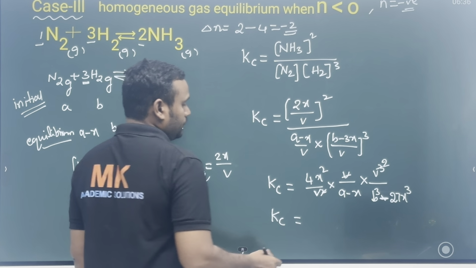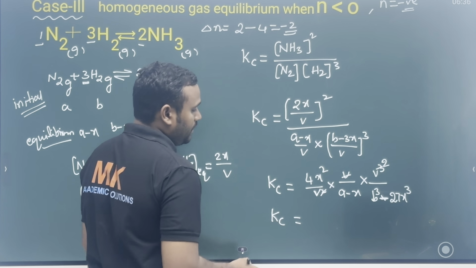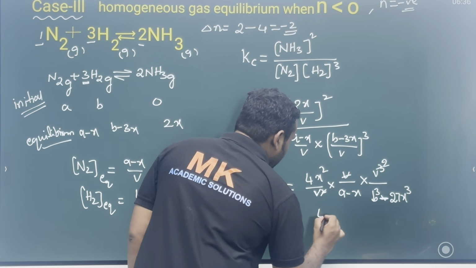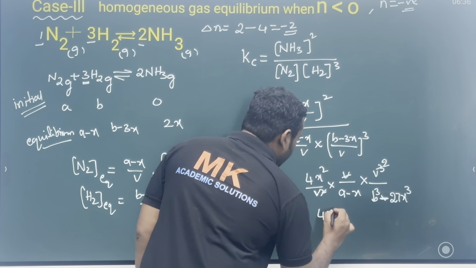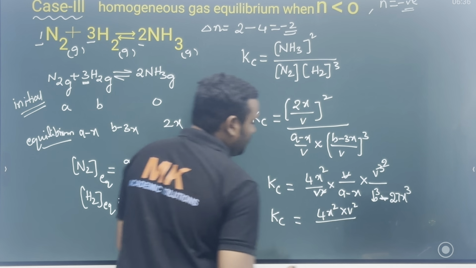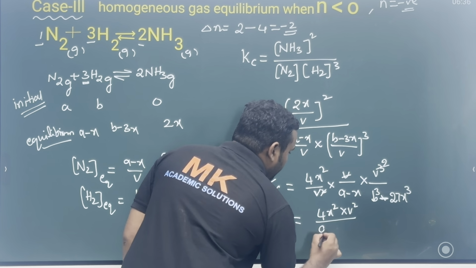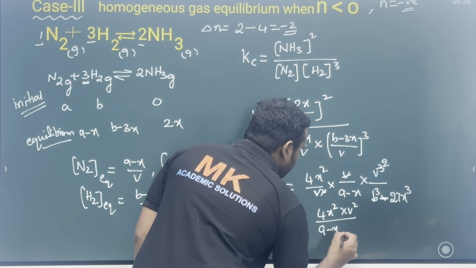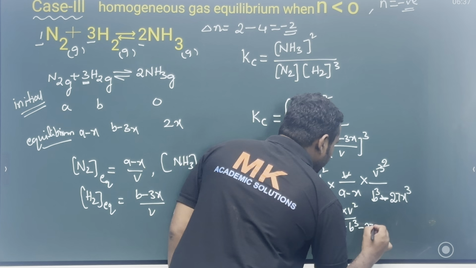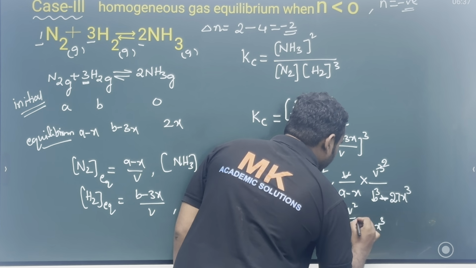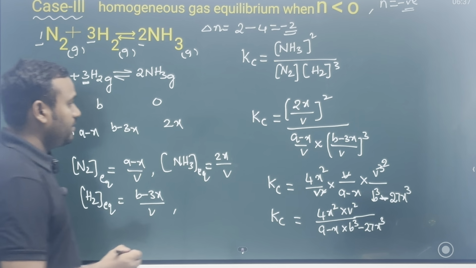Kc is equal to 4x squared into V squared by A minus x into b cube minus 27x cube.